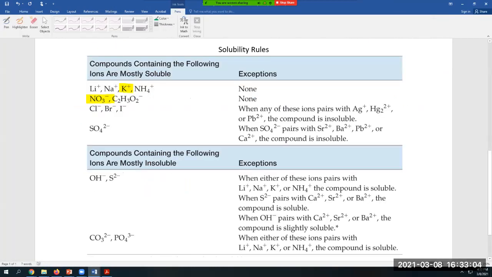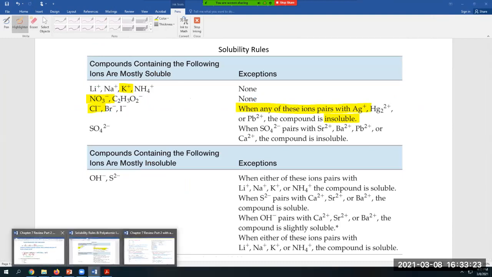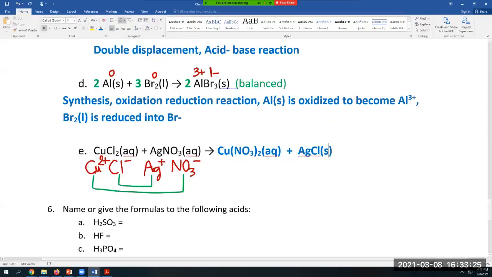We have AgCl. Cl is here, and it's making soluble compounds. Oh, but when with any of these ions, and there is Ag plus here, the compound is insoluble. So that means AgCl is insoluble. So S for solid here.